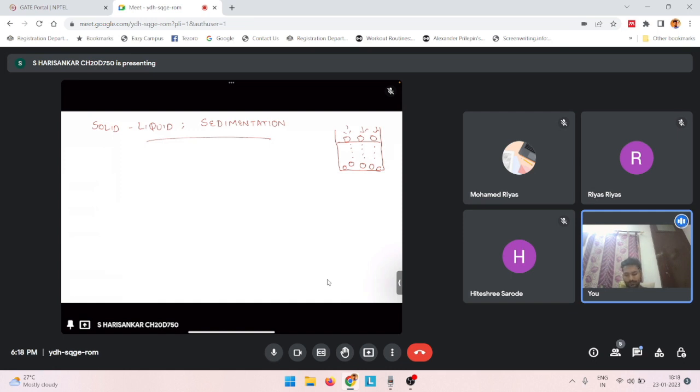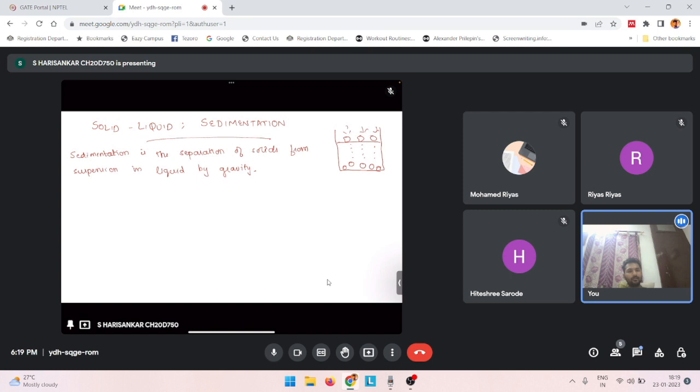So the proper definition of sedimentation is the separation of solids from suspension in liquid by gravity.